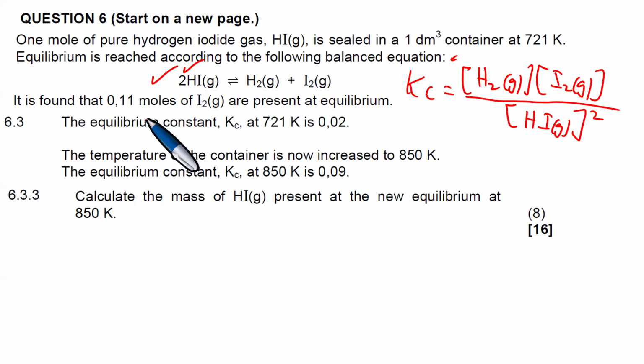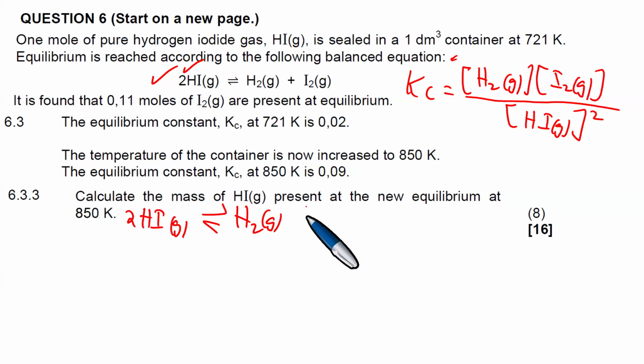So don't you have to draw the table? Okay, yeah, we can always sketch the table. For example, you have the hydrogen iodide gas, and you have your hydrogen gas, and you have your iodine there. One mole of pure hydrogen iodide is sealed in a 1 cubic decimeter container at 721 Kelvin.